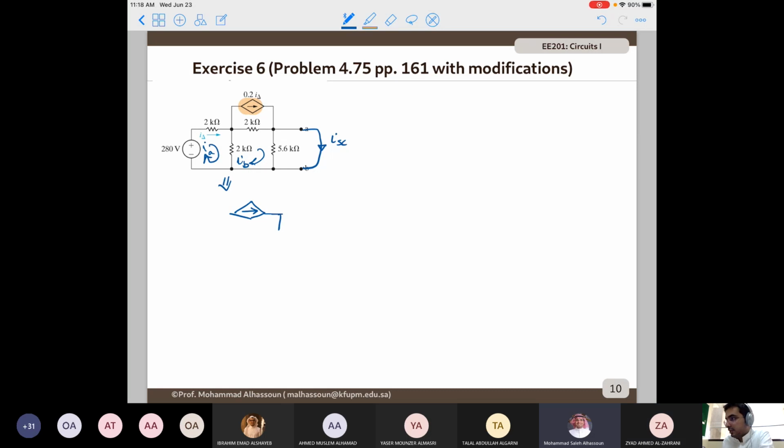So what's the equivalent resistance here? 0. Okay, so it will be a short circuit. So the number of equations here is significantly reduced.